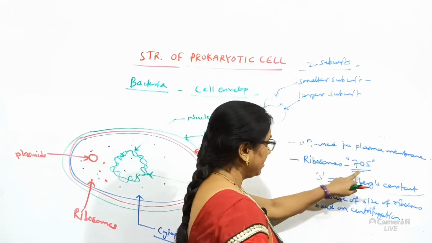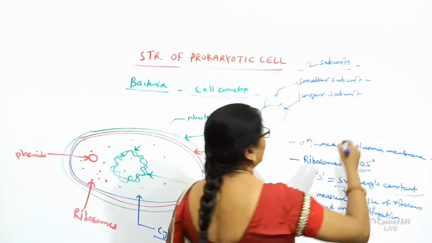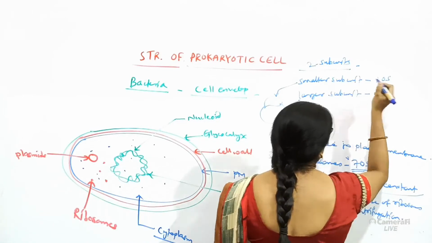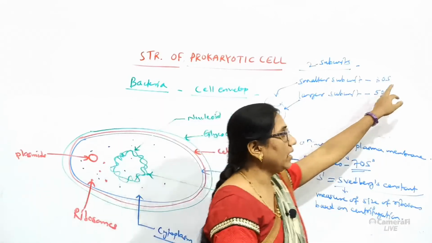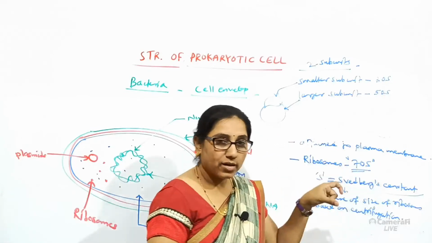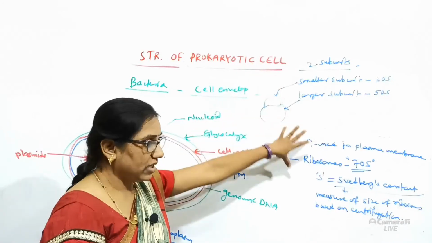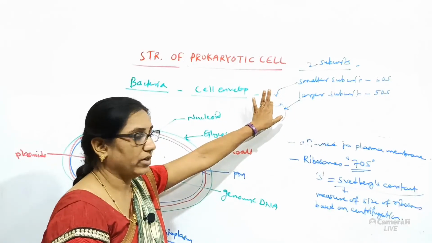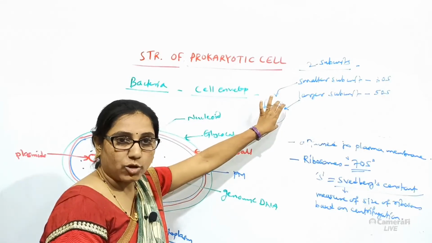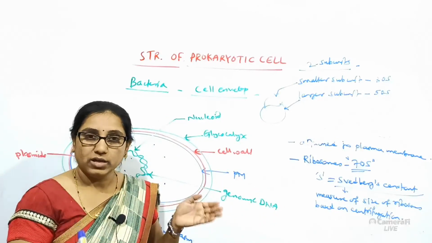The main ribosome is of 70S type. The smaller subunit is made up of 30S and the larger subunit is made up of 50S. Now your question will be, it will become totally 80S, and you wrote 70S. But remember, each ribosome is made up of two subunits, smaller and larger. Inside the cytoplasm, these two subunits may associate with each other or dissociate from each other.